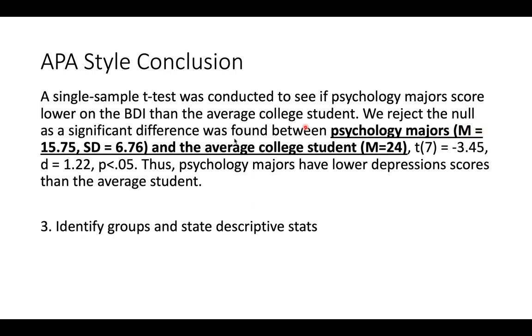Psychology majors had a mean score of 15.75 on the BDI. They had a standard deviation, which we calculated by hand, of 6.76. The average college student had a mean of 24 on the BDI. So we're giving our descriptive statistics for our two groups, both our sample and the population.